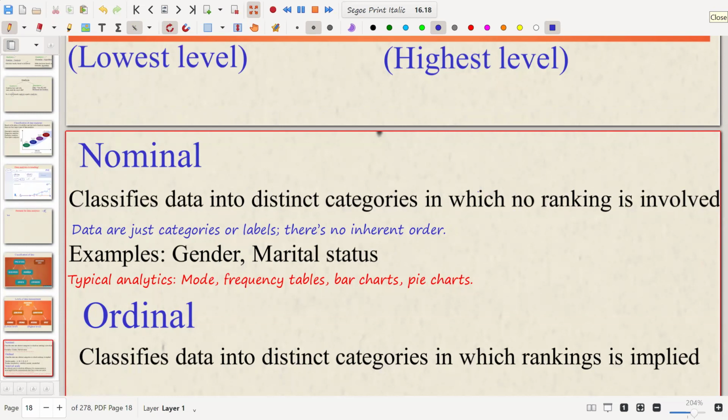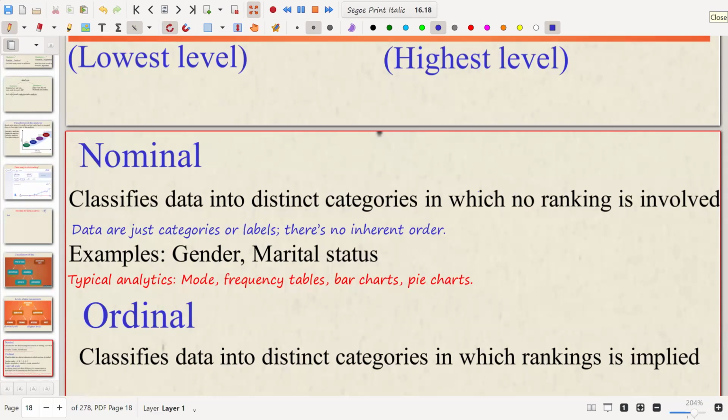No rankings are there. Any other example? Marital status, married, unmarried. You cannot compare. You cannot say that the ones who are not married have a lower value than the ones who are married. Some say people who are married are not happy and people who are not married are pretty happy, and sometimes it is the other way around. So it depends.